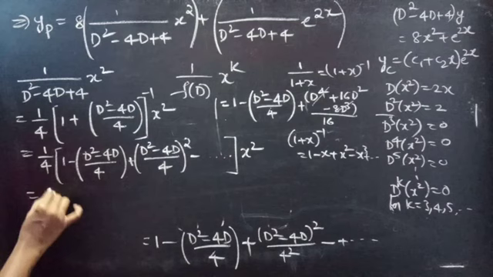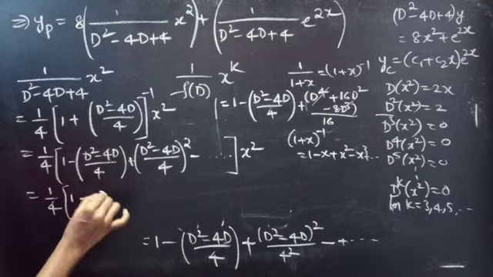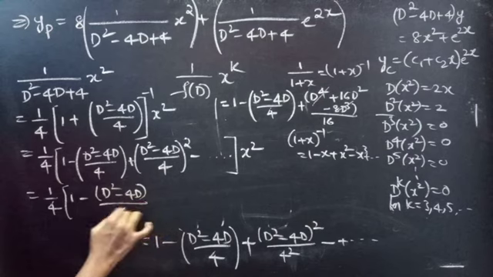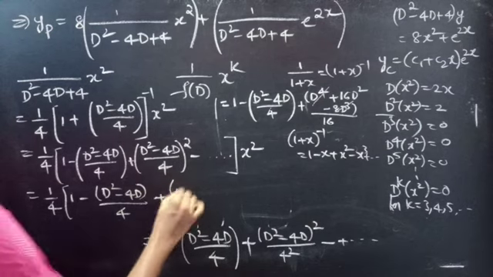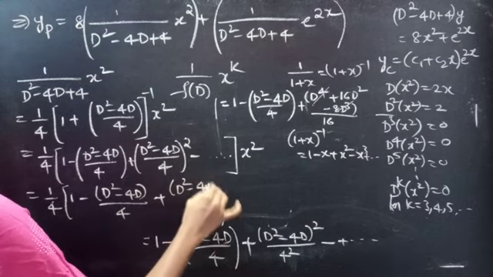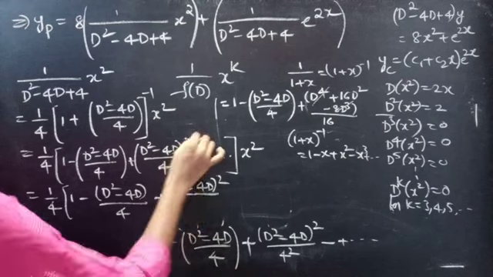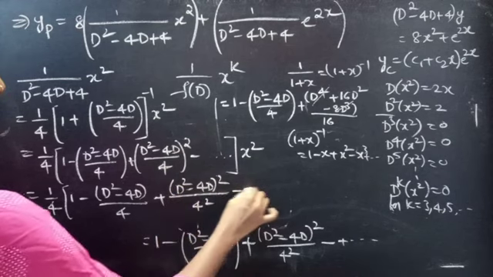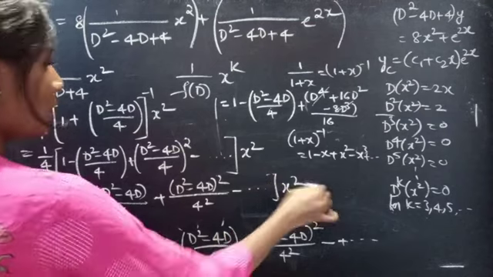This becomes 1 by 4 into 1 minus (d square minus 4d) by 4 plus (d square minus 4d) whole square by 4 square, minus so on, into x square.